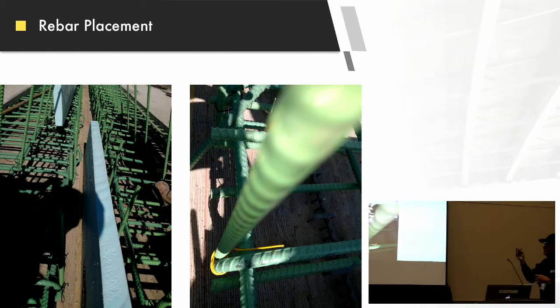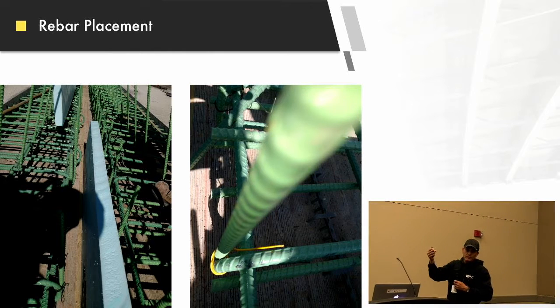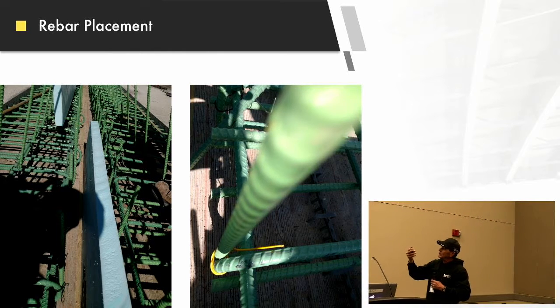So there's a couple of problems here. Now we don't have our embedment, or our required development strength on that bar into your deck. Plus your clearance on the edge of deck is not a complete 2 inches. On the other side, it's pretty tight all the way along.